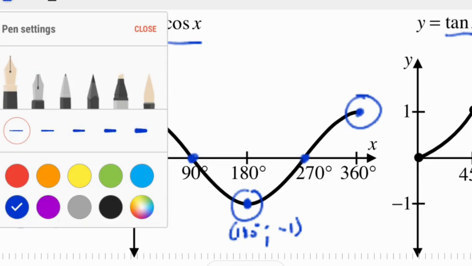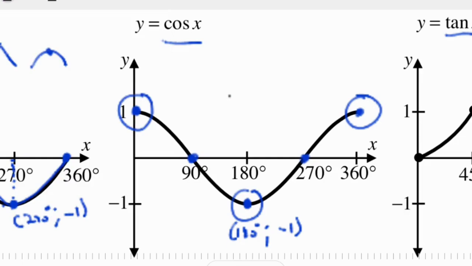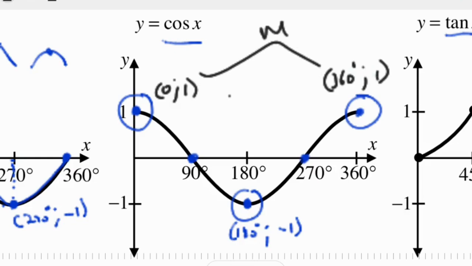So that is when x is 0 and then y is 1, and then here that is when x is 360 and y is 1. So this gives us the maximum, and then this is the minimum.